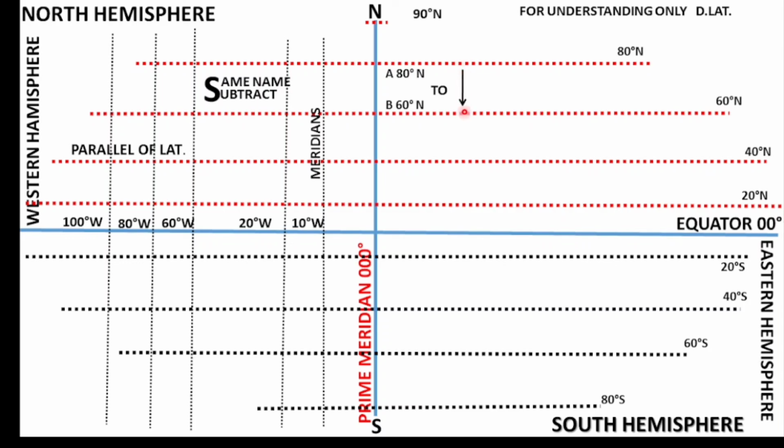I am going south. My D lat would be 20 degrees south. Similarly, if I just reversed it, from B to A, I'm going from 60 to 80. I'm going north. So my D lat would become 20 degrees north.